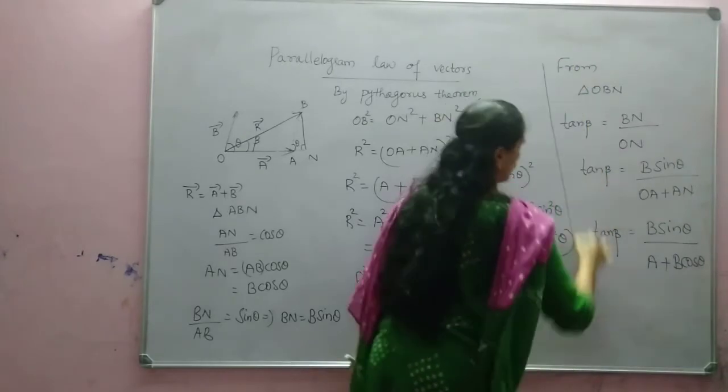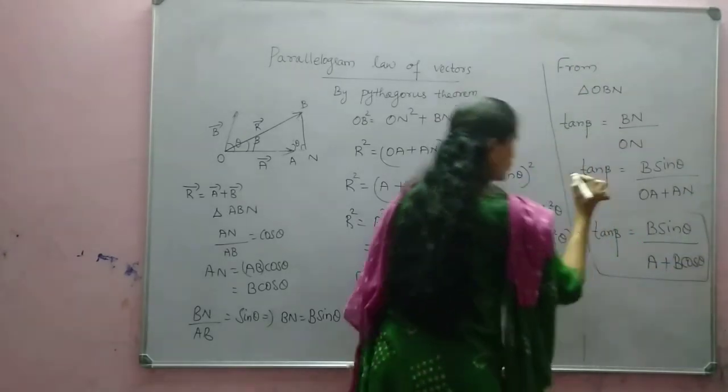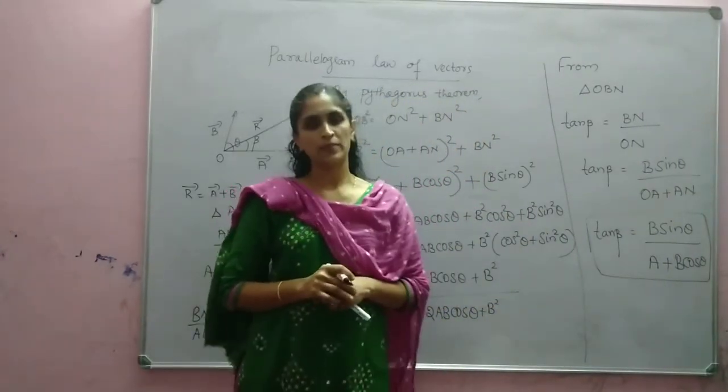So tan beta is equal to B sin theta divided by A plus B cos theta.